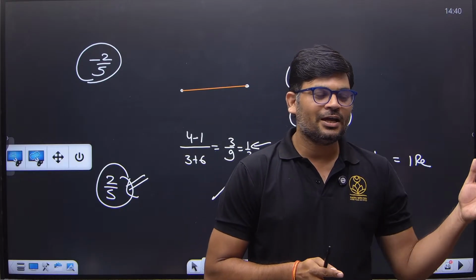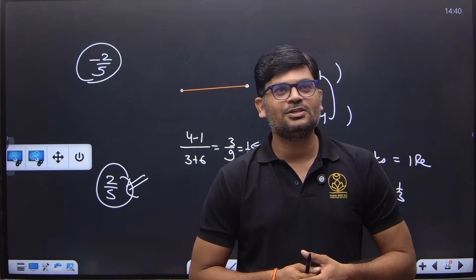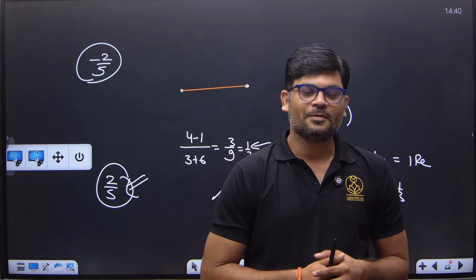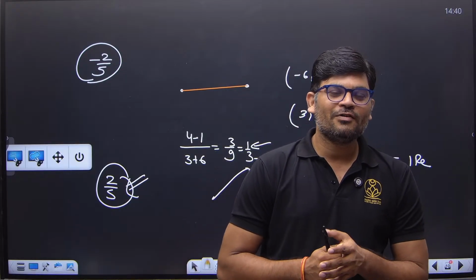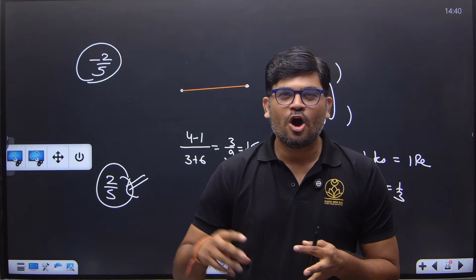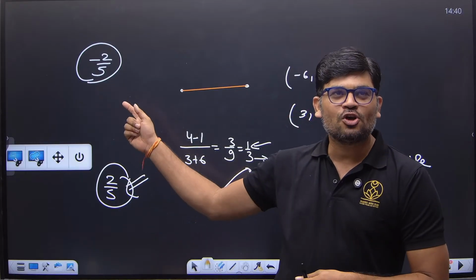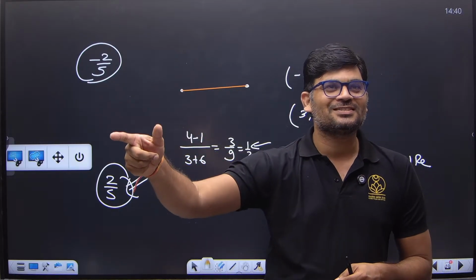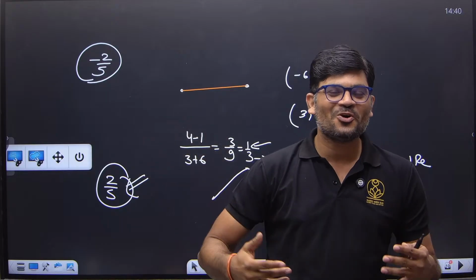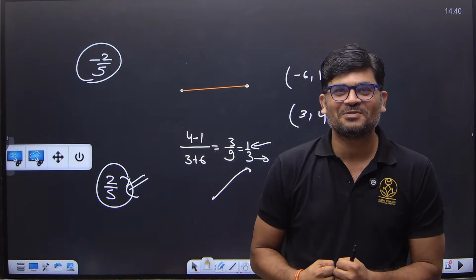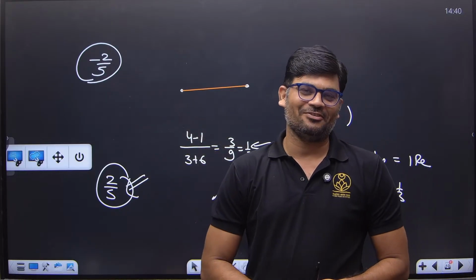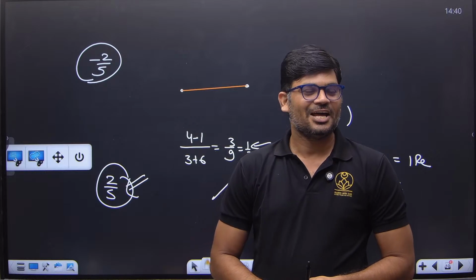Let us assume it is the 25th of December and he is going to give a Christmas party. So he will say, come to my shop, take 5 chocolates and I will gift you 2 rupees. Every child will go, give me 5 chocolates, I'm getting 2 rupees as well. So that is negative 2 by 5. Are you getting it?